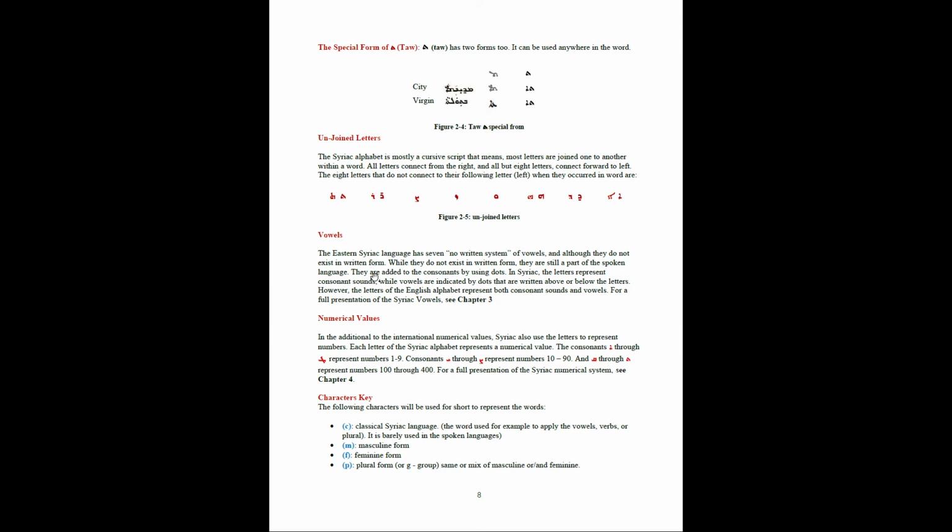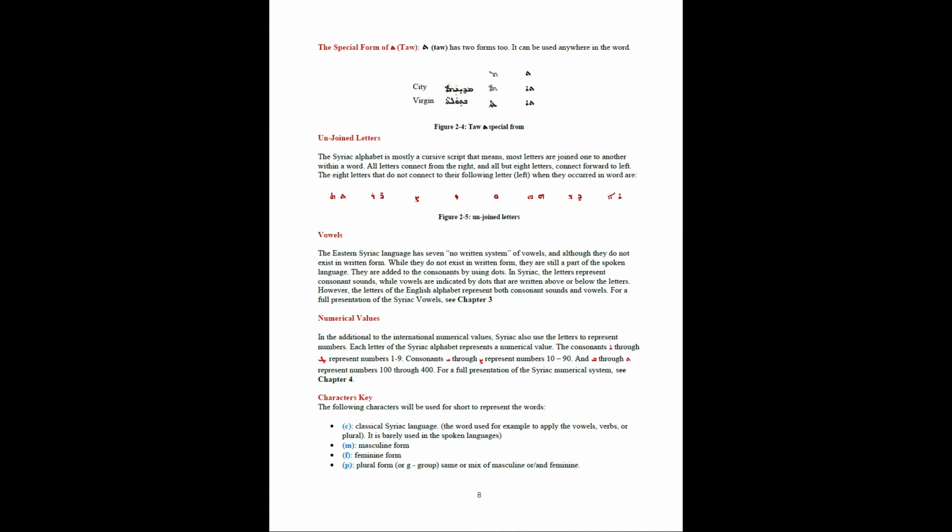Vowels in the Eastern Syriac language, which is the subject of this book: we have no written system of vowels, and they are represented by dots. We put dots above the letter, and usually they are 2 dots if they apply to a regular letter.